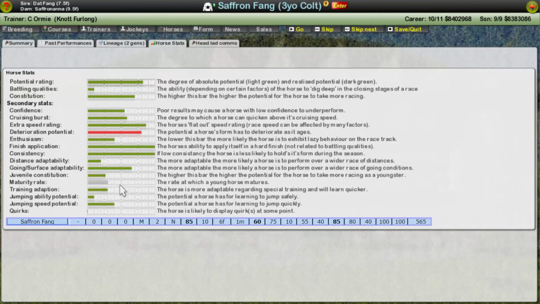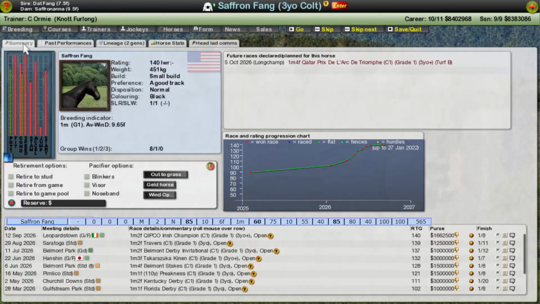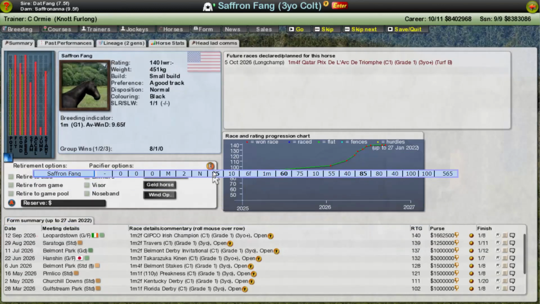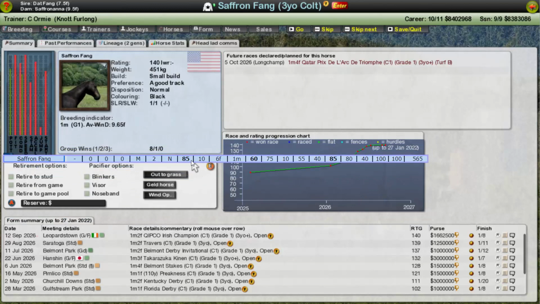But still here, it looks like a very good horse, but doesn't look maybe as dominant as you would think he does. And then we can see here, with a speed of 85, that's actually climbed to 100, which is always a good thing. That 10% bar of stamina went all the way up to 65.